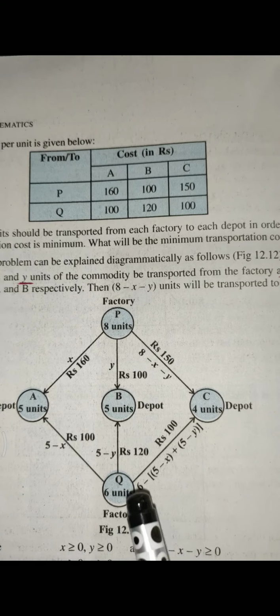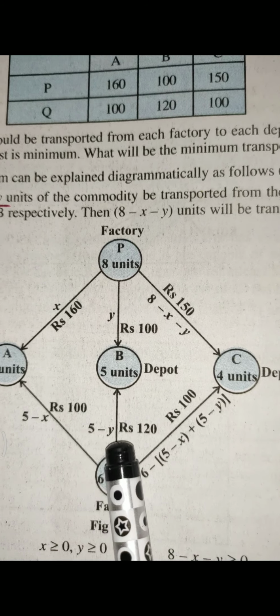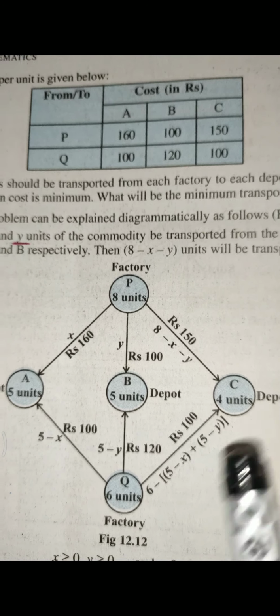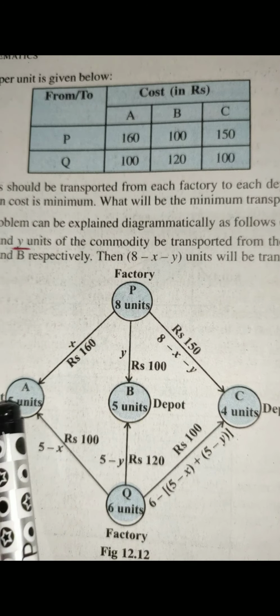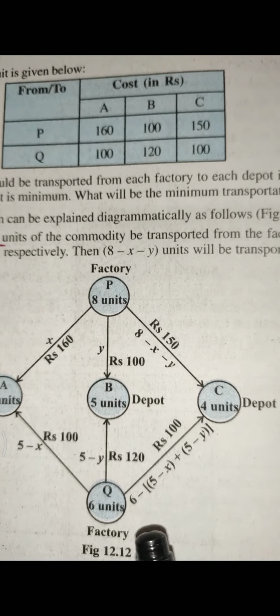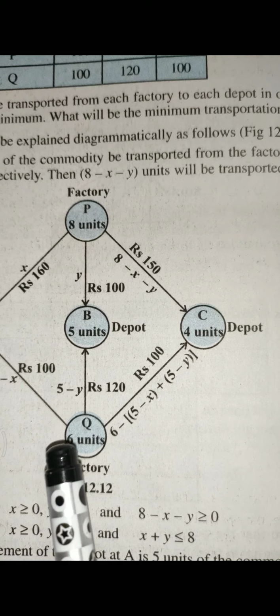In the same way, from P to B, how many units have we supplied? Y. How many do we require here? 5 units. So the remaining we will take from Q. So how much? 5 minus Y. Now from Q to C: this many units we have supplied to A, 5 minus X, and 5 minus Y we have supplied to B. Whatever is left we will supply to C. So the total production from factory Q is 6 units.